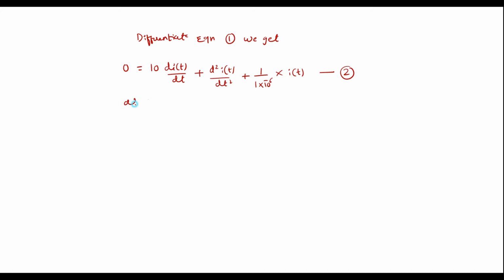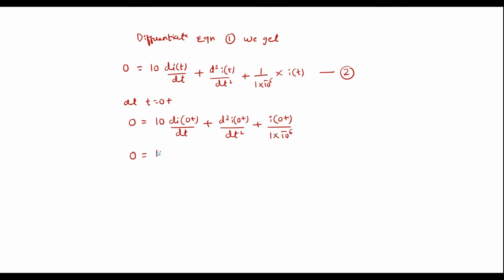Now at t equal to 0 plus, this equation can be written as 0 equal to 10 di of 0 plus by dt, plus d square i of 0 plus by dt square, plus i of 0 plus divided by 1 into 10 power minus 6. Let me simplify.